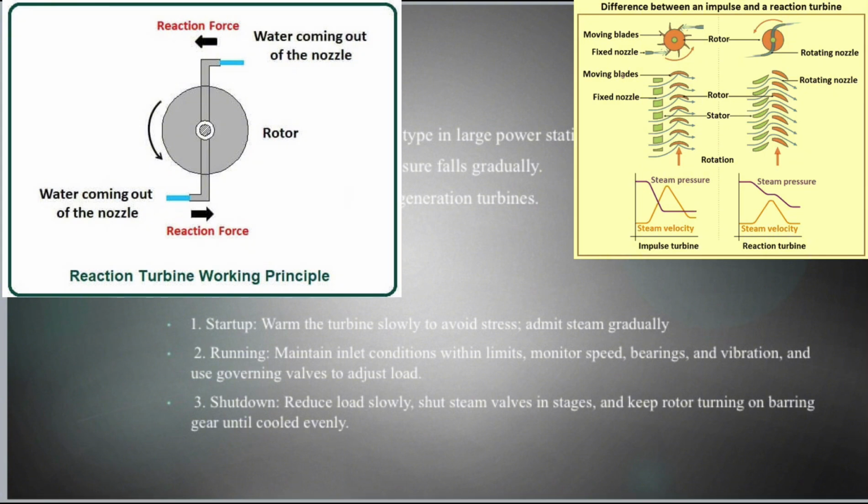Then last, shutdown. Reduce load slowly. So when we shut down the steam turbine, before shutting down, reduce load slowly. Then shut the steam valves in stages, and keep the rotor turning on the bearing gear until cooled evenly.